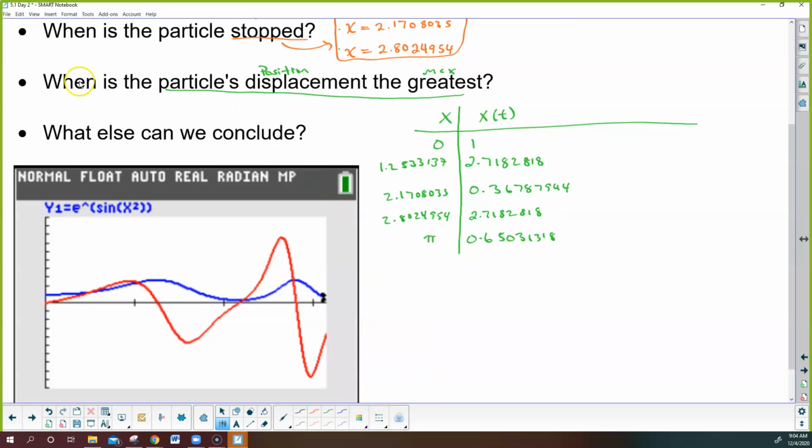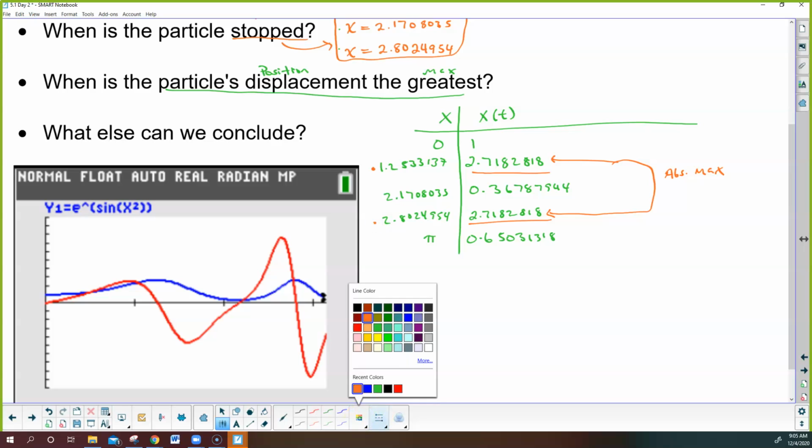And then officially to answer this question, when is the displacement the greatest? Both of these. So we have two absolute maximums, because they're both exactly the same. So what is the max? The max is your output. Where does it occur? The where is the x values.